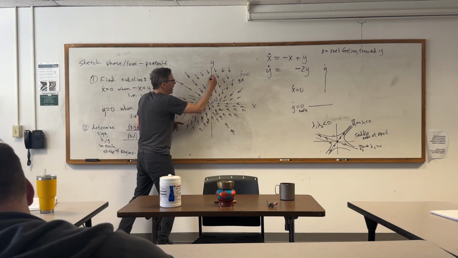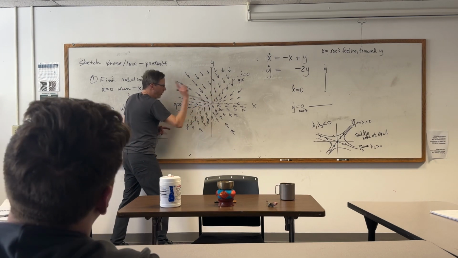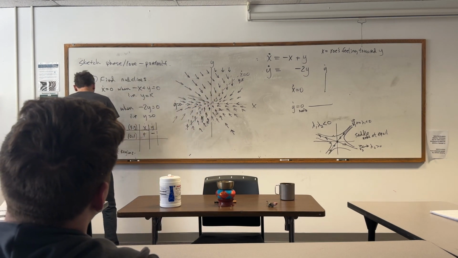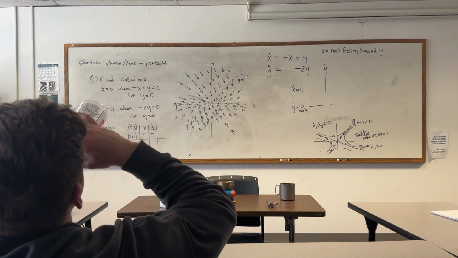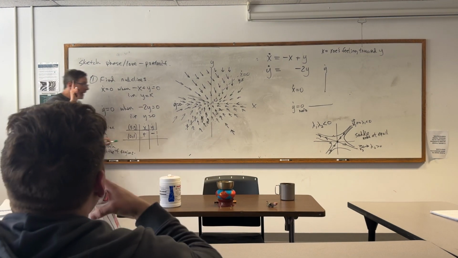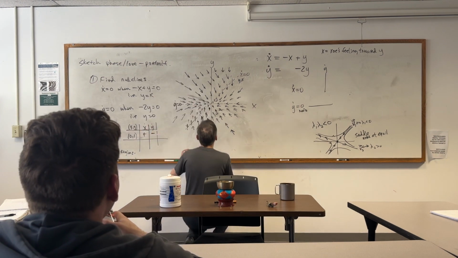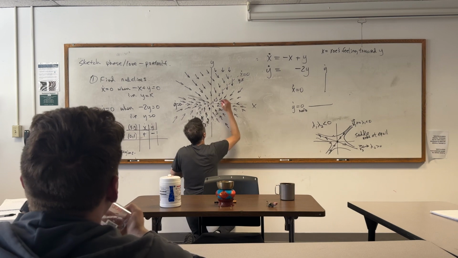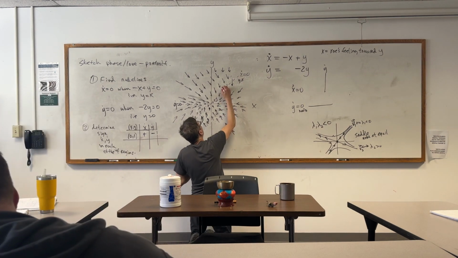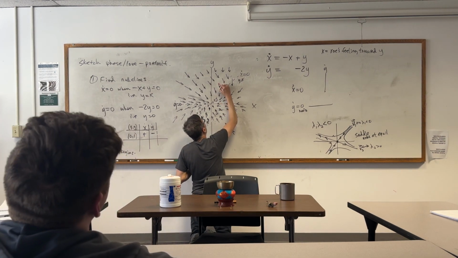You're right there, Cormac. So when we add our trajectories, we want to make sure that we enforce, at a minimum, that these nullclines are respected. In other words, when I pass through this nullcline, I have a horizontal tangent.